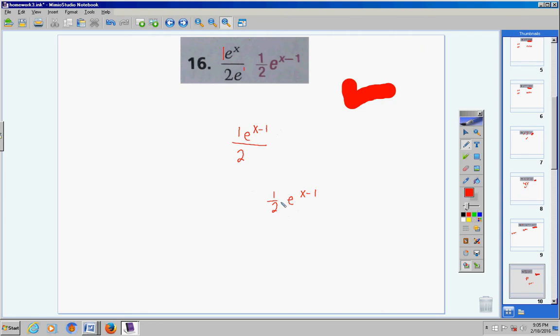If you take 1/2 times e to the x minus 1 over 1, 1 times e to the x minus 1 would be this, and 2 times 1 would be this. So to be honest with you, I'm fine with either one, but our answer here is not wrong. This is the same thing as this, so either answer is totally fine with me.